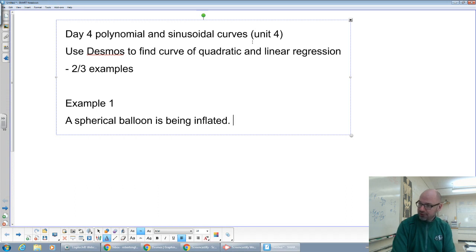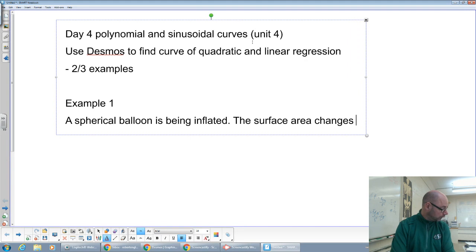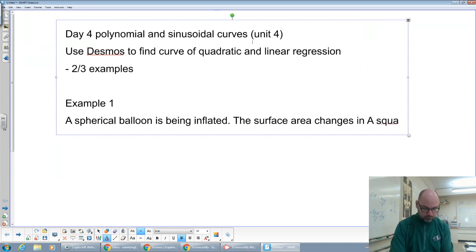The surface area changes. In A square meters. We should put A in brackets. That stands for area.